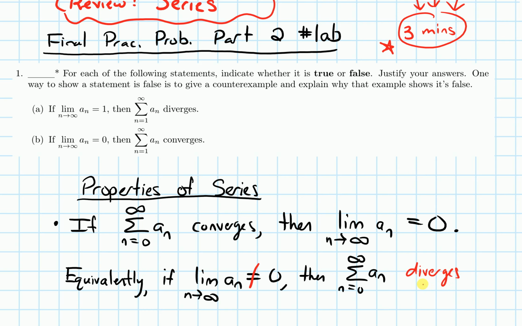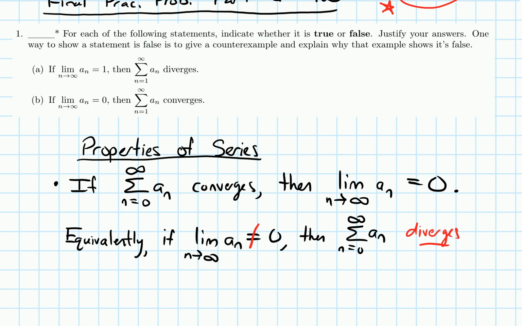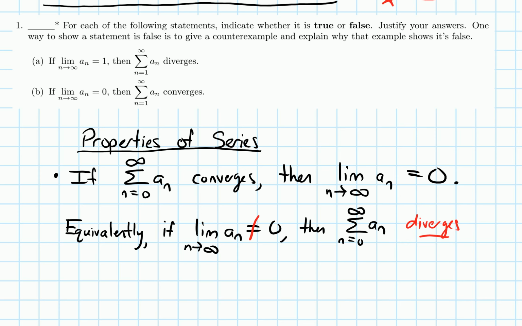You might recognize this equivalent statement. We call it the nth term test, which tests for divergence. If the limit of a sub n is something that's not 0, then my series is going to diverge.